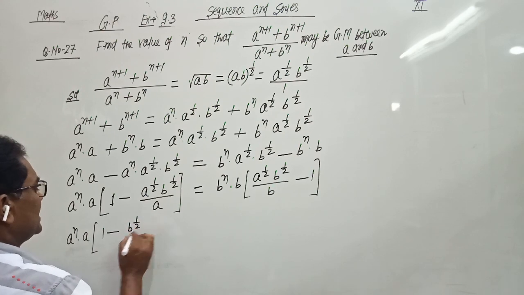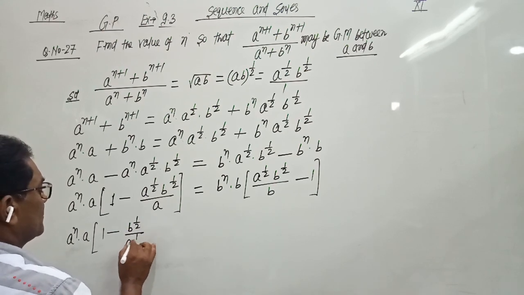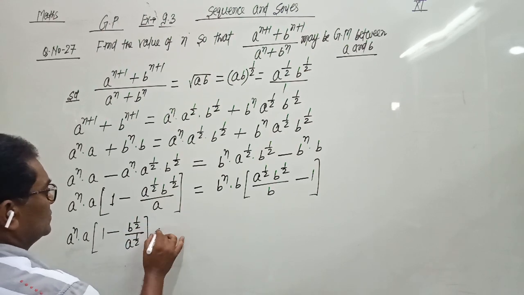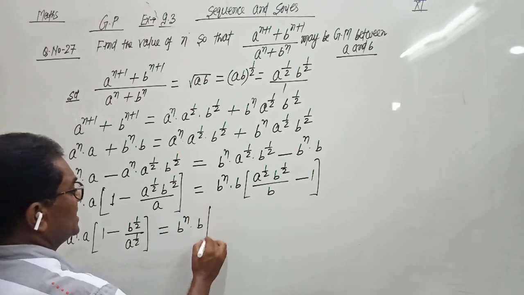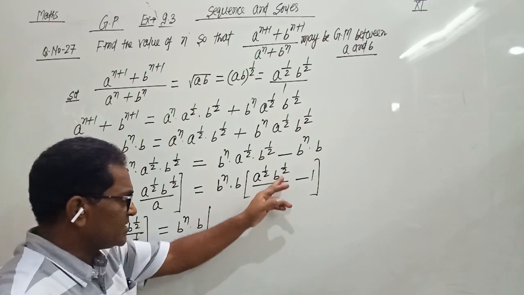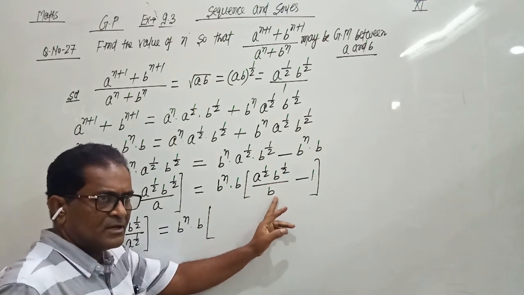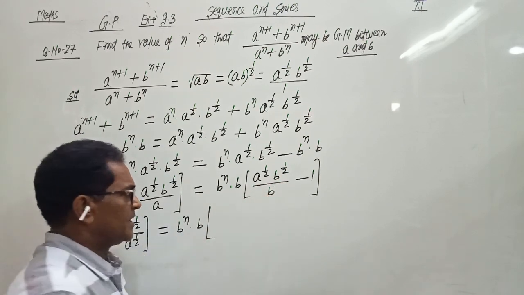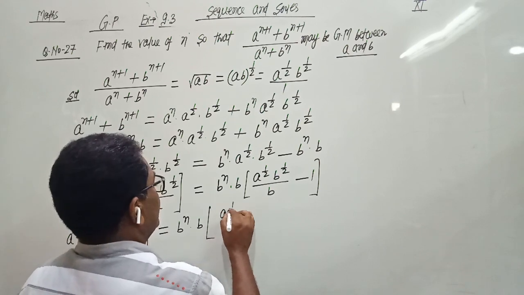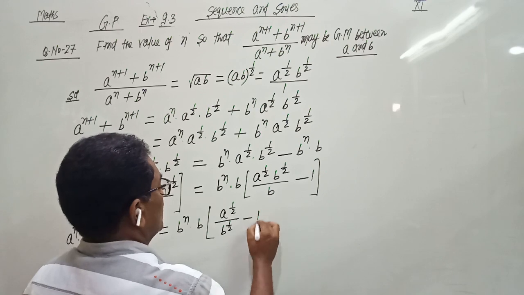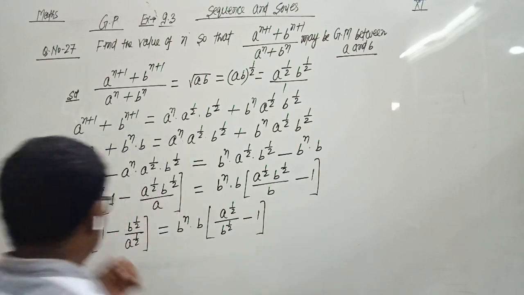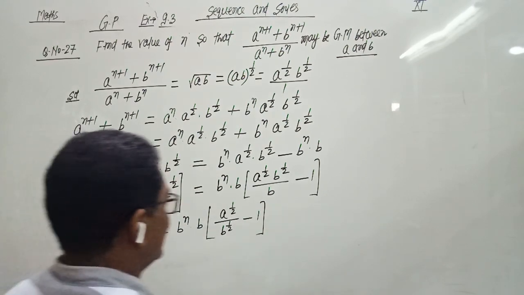So it comes b raised to the power 1 by 2 upon a raised to the power 1 by 2 equals b raised to the power n into b. This b raised to the power 1 by 2 comes at the denominator place. Powers get subtracted and it remains a raised to the power 1 by 2 upon b raised to the power 1 by 2 minus 1. Now we take LCM.